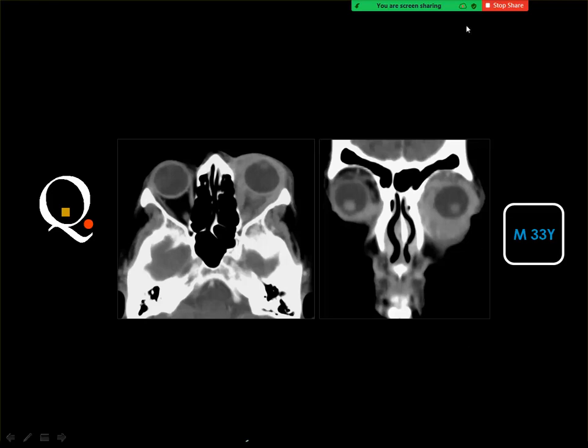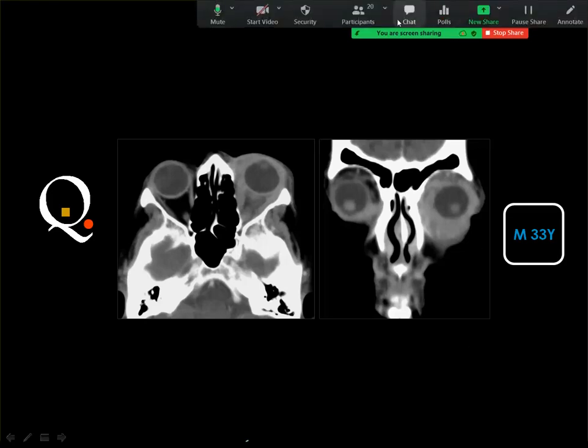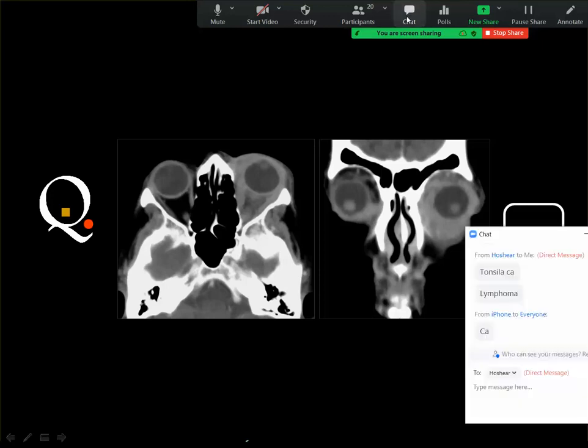Then this patient had an ocular pathology with no proptosis. Orbital pseudotumor.